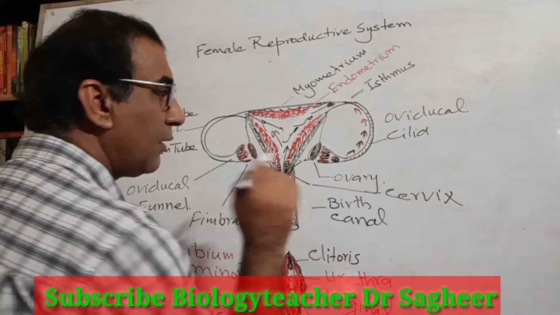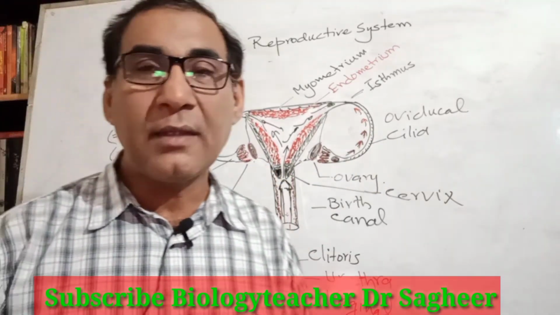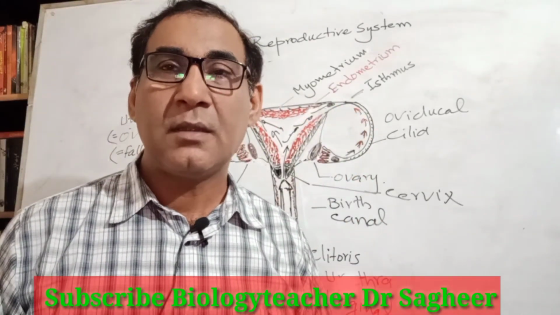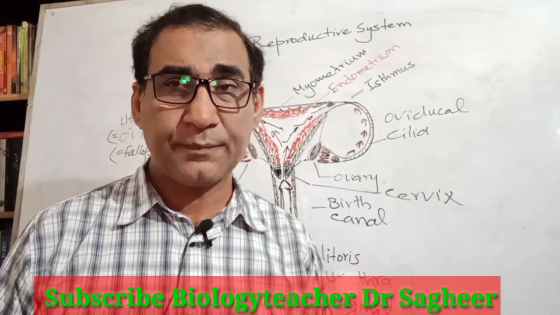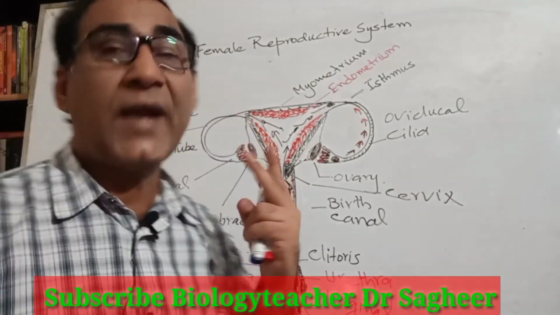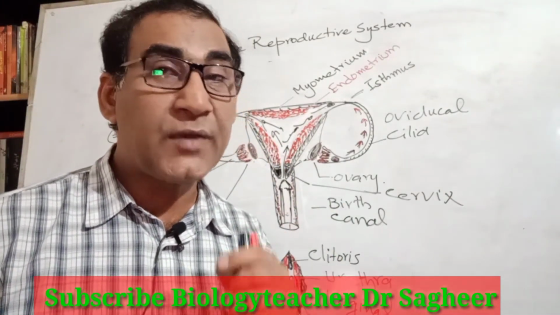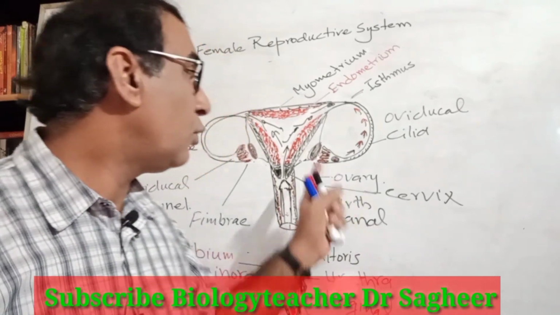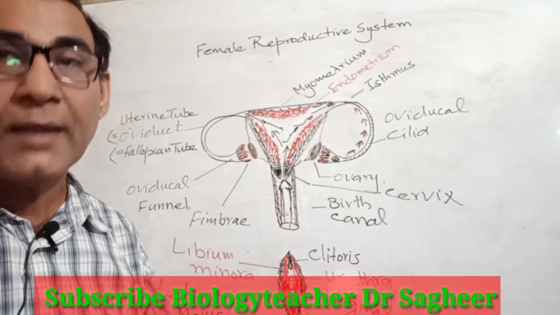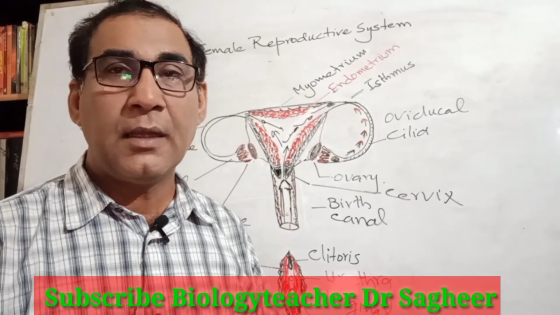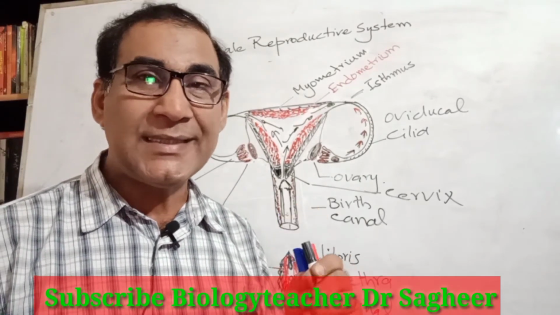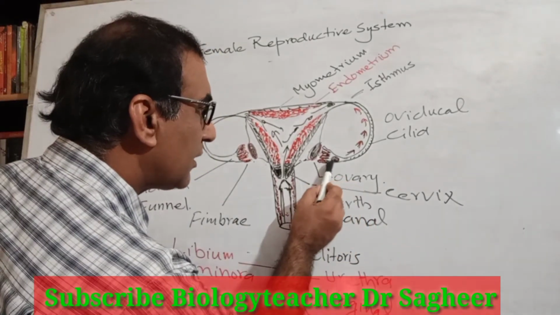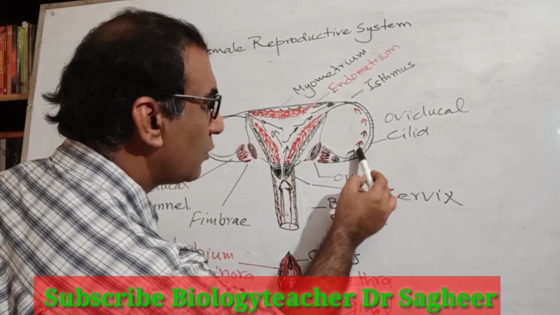Here is the question, why does the zygote move towards this side? This happens due to two factors. One is the contractile movements of the oviduct, and the second is the role of cilia, which push this zygote.